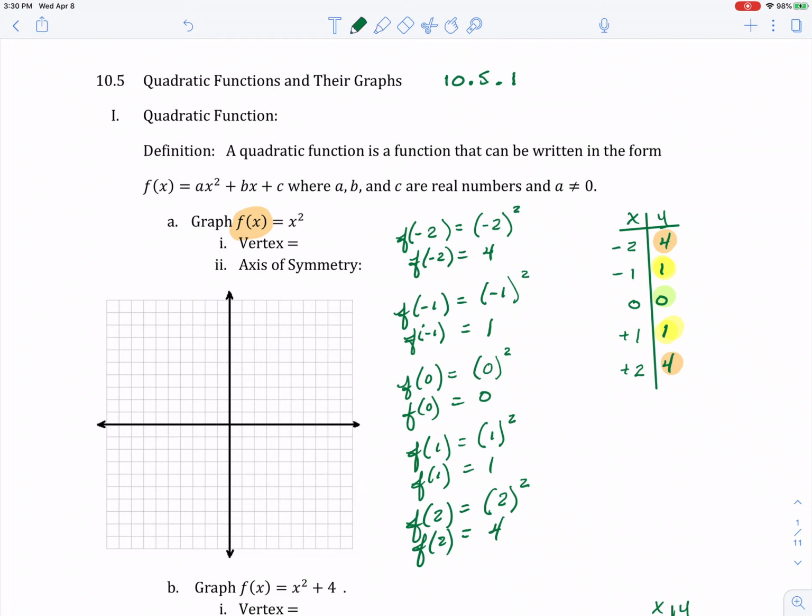So let me go over here and plot. -2, 4 is right about here. -1, 1, 0, 0. +1, 1. +2, 4. So when you graph this type of quadratic equation, second degree equation, you get a shape that we call a parabola.